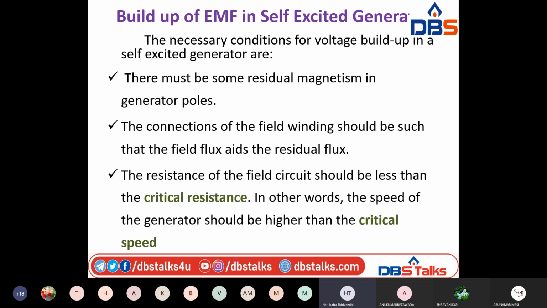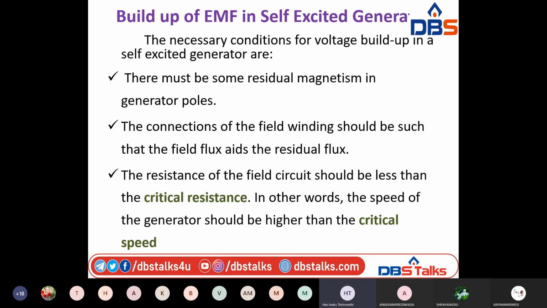Again he will get the 230 volts, but at starting the value does not begin at zero. It goes directly above 12. From 12 onwards the voltage will be generated, 12, 20, 50 like that. The reason is residual magnetism, and that voltage is called residual voltage. Very important. A laboratory experiment is also there in our ET lab.